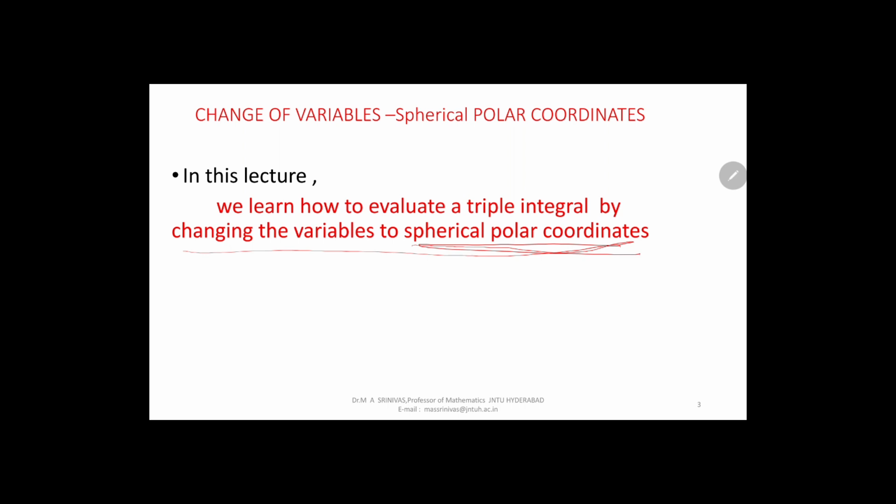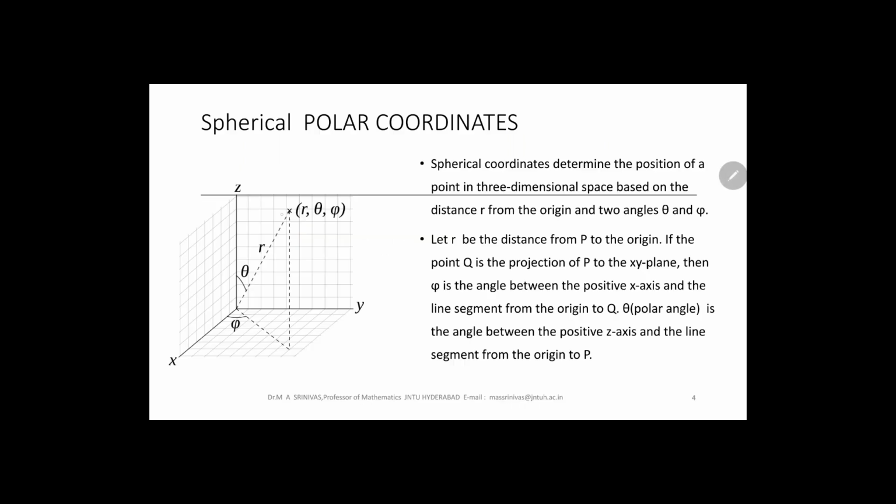In this lecture, spherical polar coordinates. They determine the position of a point in three-dimensional space based on a distance and two angles. Let us suppose that point P is at a distance r from the origin.